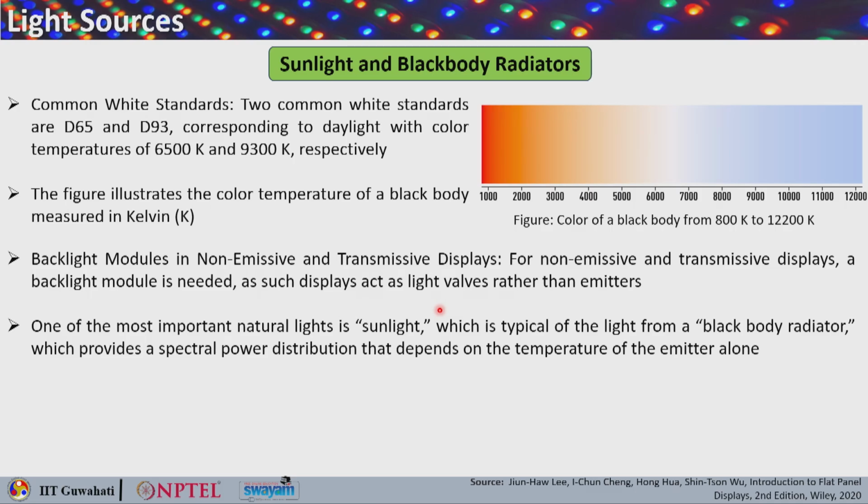One of the most important natural lights that we deal with every day is sunlight, which is also a form of black body radiation, and the spectral power distribution depends on the temperature of the emitter alone. Understanding this will help you understand what kind of spectrum you will get from your light valve.